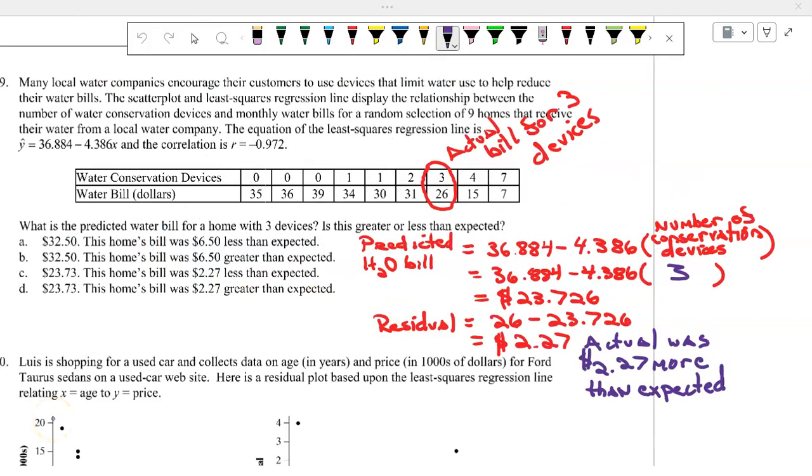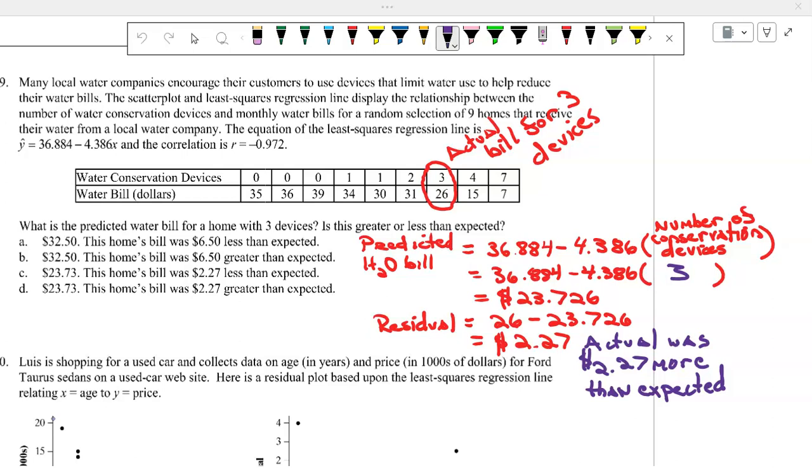All right, many local water companies encourage their customers to use devices that limit water use to help reduce their water bills. A scatterplot and least squares regression line display the relationship between the number of water conservation devices and the monthly water bills for a random selection of 9 homes that receive their water from a local water company.